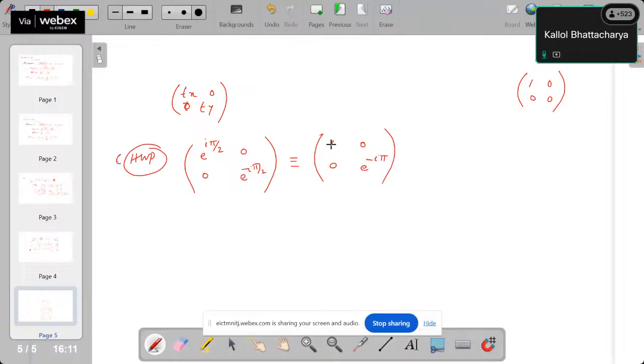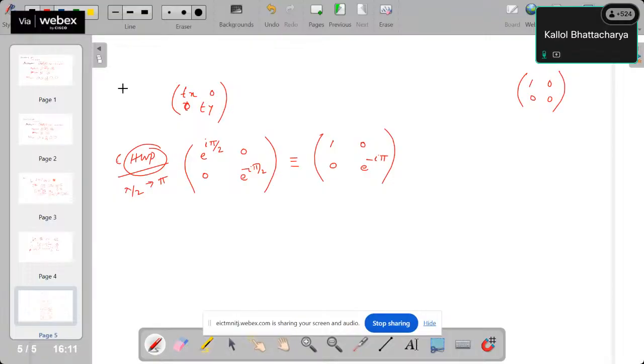So you have a phase difference of pi, because we have said for a half wave plate, it's lambda by 2 path difference, which corresponds to a phase difference of pi. That is to say, you have a phase difference of pi between the x and the y components.